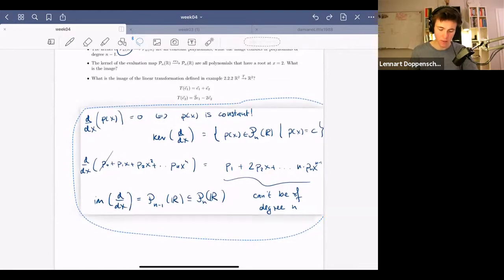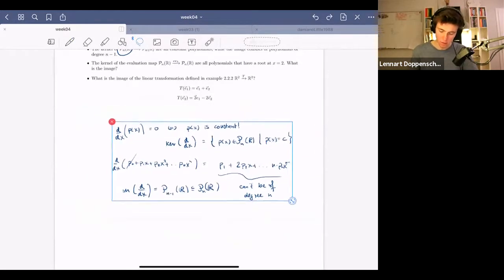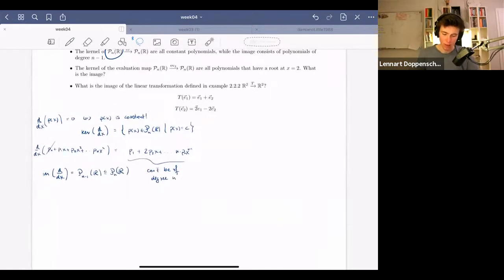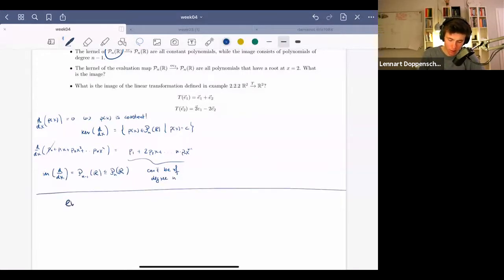What about the evaluation map? I think this would have been an example that we skipped, but let me just tell you what the evaluation map is. The evaluation map, EV sub 2, goes from polynomials to R. What does it do? Well, if you give this map a polynomial p(x), it'll give back p at the value 2.